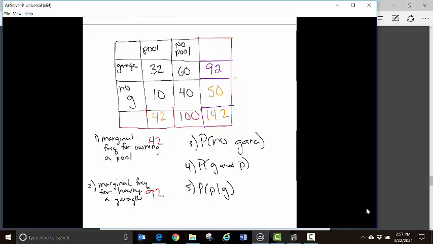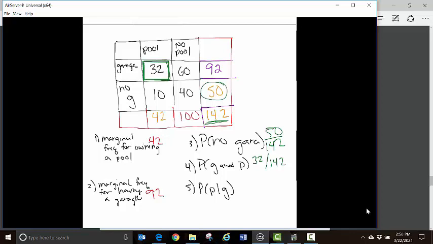If it doesn't say given, your denominator is always this. So no garage. Well, how many people don't have a garage? 50. So 50 out of 142. Okay? Probability of garage and pool, well, how many people have a garage and a pool? That would be 32 out of 142.